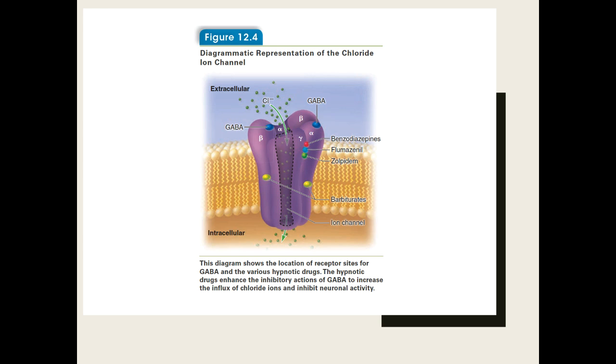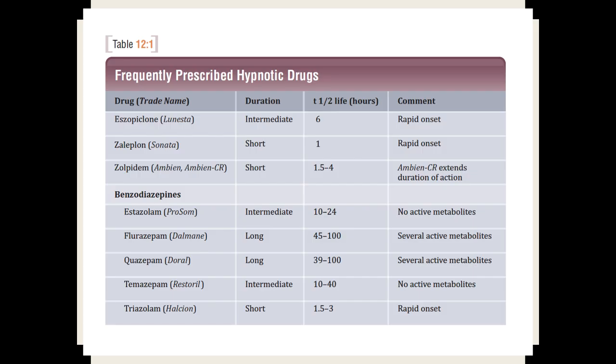When we stimulate GABA, we are going to slow everything down. So we're going to sedate by binding to GABA. See zolpidem there? Zolpidem is Ambien. So Ambien slows everything down, makes you drowsy, makes you sedate.